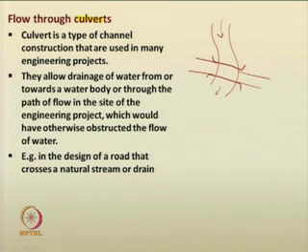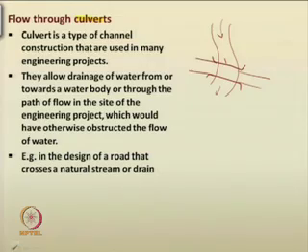Water will flow through this culvert and the road is not going to block the natural drainage, the path of the water also. So, the culvert will allow drainage of water towards a water body or its natural path from upstream to downstream at the site of that engineering project.